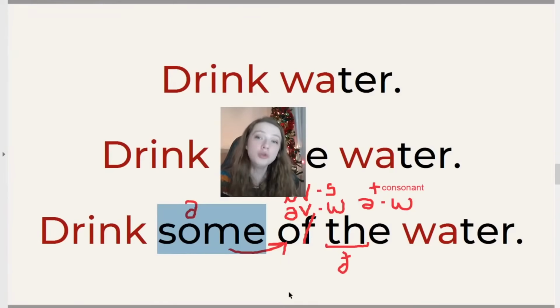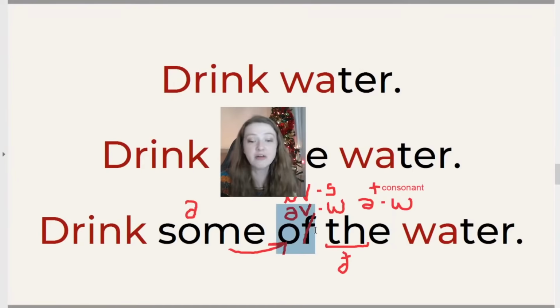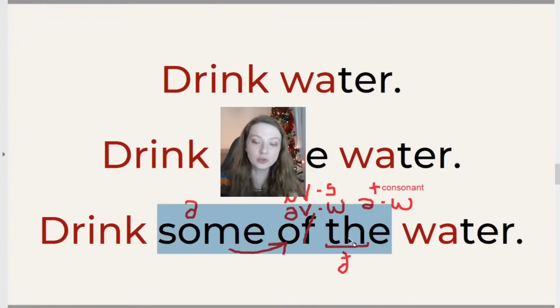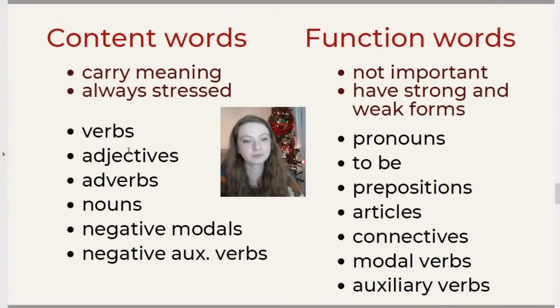Drink water. You know I want that to happen. The same if I remove the article or if I remove of. If I say drink some of the water, you'll be like, that's weird. Not grammatically correct, but okay, I will drink water, right? You understand? So these little words here are not important.